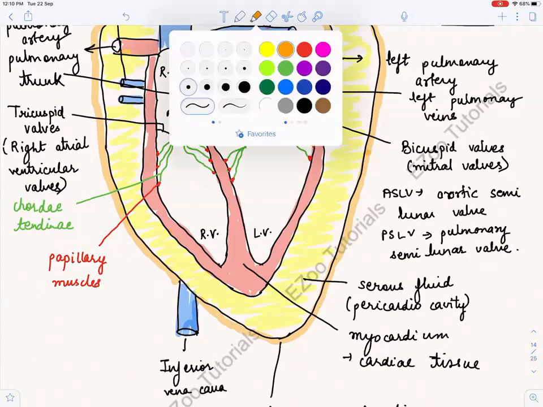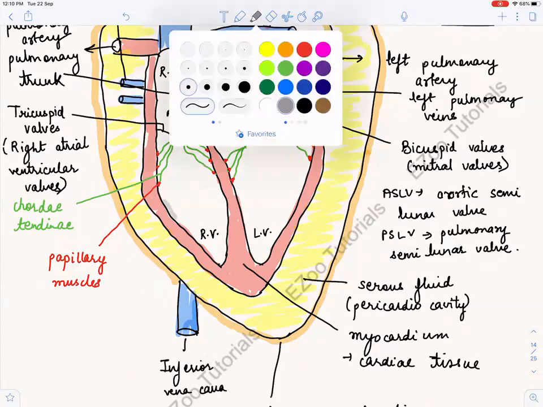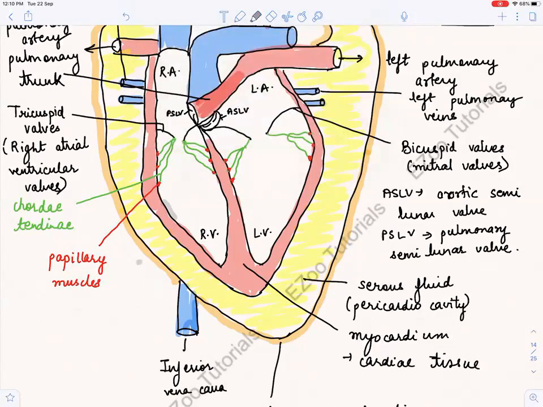First let us see the endocardium. So this is the endocardium, and this is the smooth lining. I should take a little more thin. This is the endocardium. And what is endocardium?